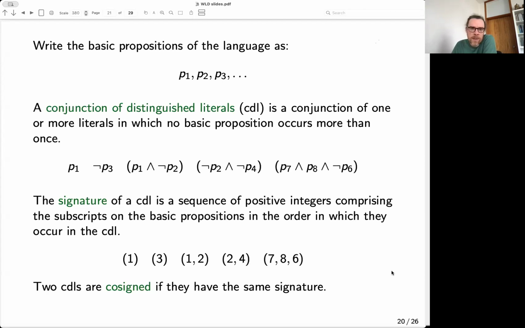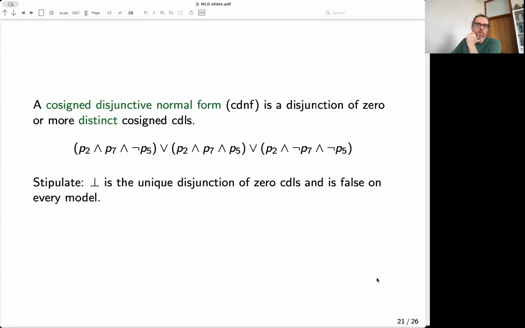Also, 2 CDLs are cosigned if they have the same signature. And then the thing I actually wanted to define is this notion of a cosigned disjunctive normal form. That is a disjunction of 0 or more of these CDLs, but they're all cosigned. So this is 275 its signature, 275 its signature, and so on. So a disjunction of ones that have the same signature.